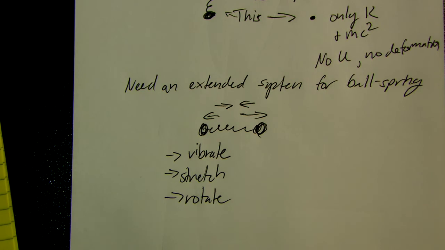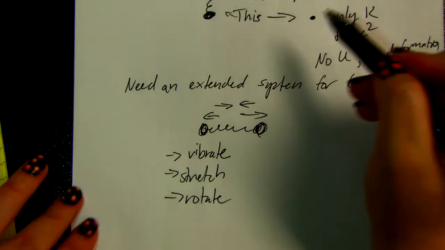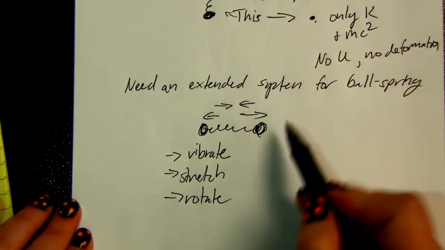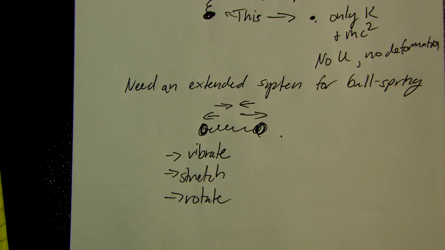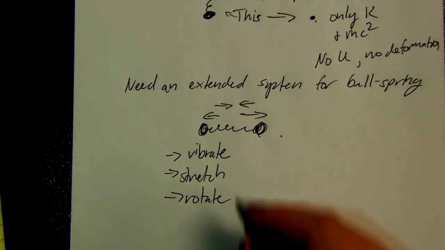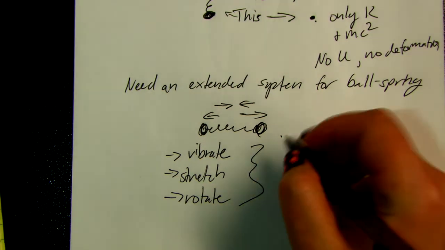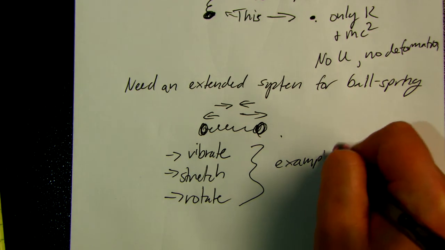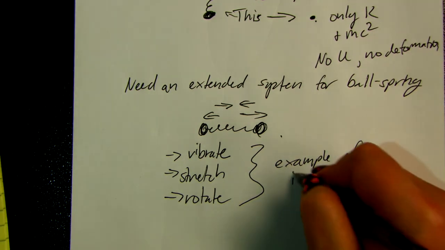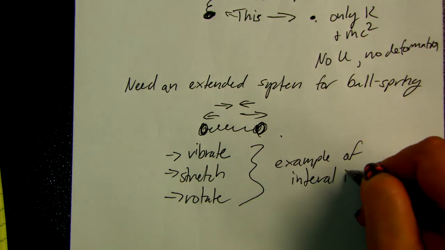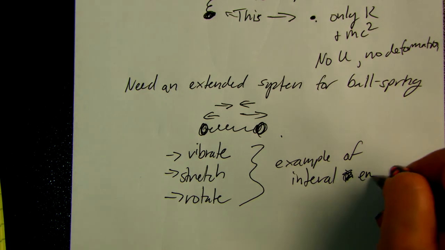And as long as we're dealing with an extended system, so not a point system, but an extended system, we can go after all of these different types of energy. And these types of energy, these are examples of internal energy, energy that is innate to the system.